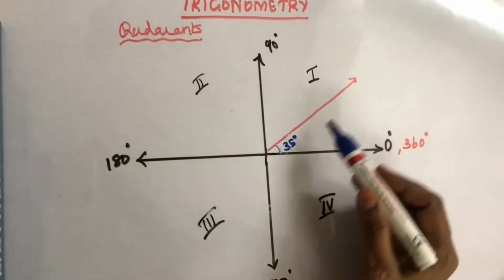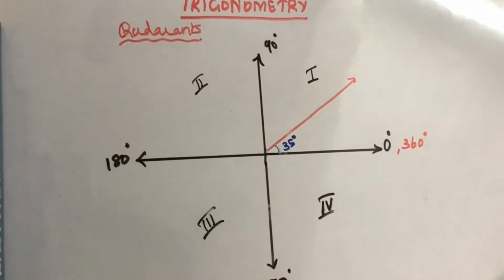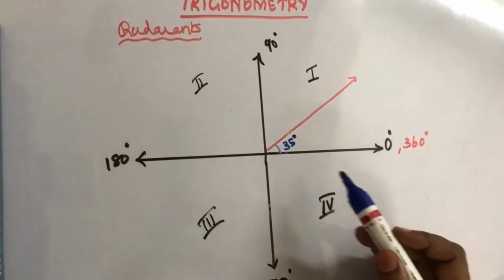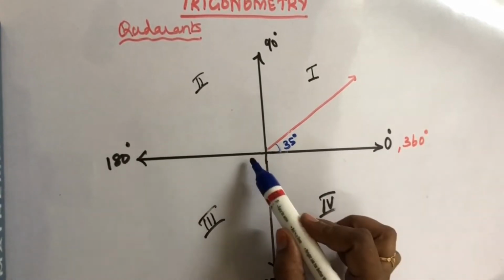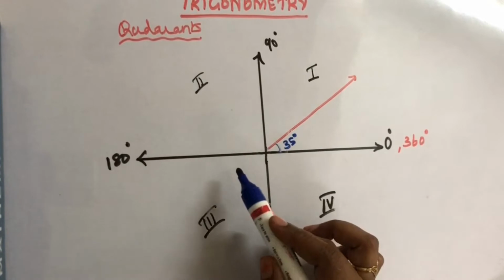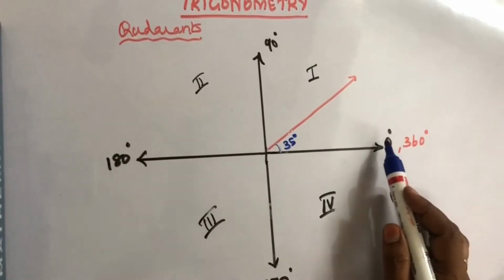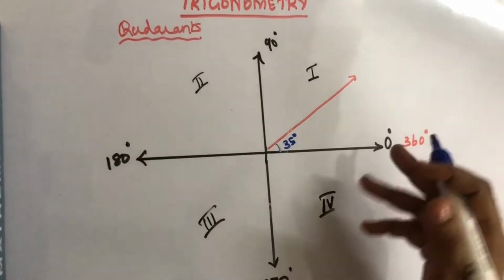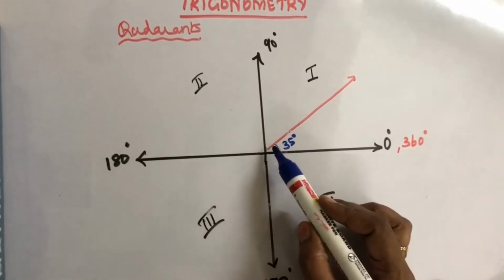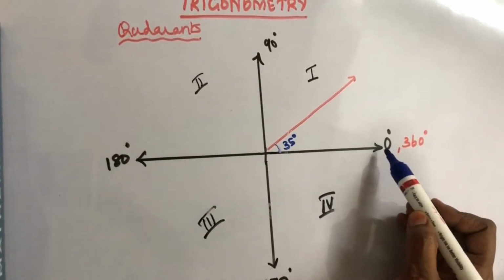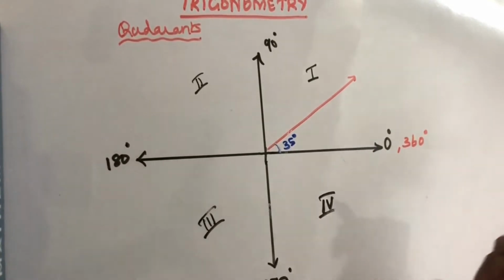Here I draw an angle that approximately measures 35 degrees. In this angle, the initial side lies on the x-axis. It coincides with the positive side of the x-axis. If for any angle the initial side lies along the x-axis, then we call this angle to be in standard position.